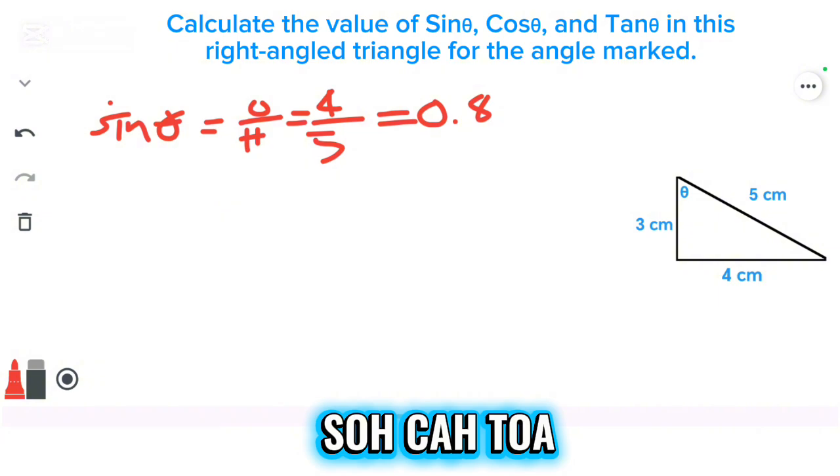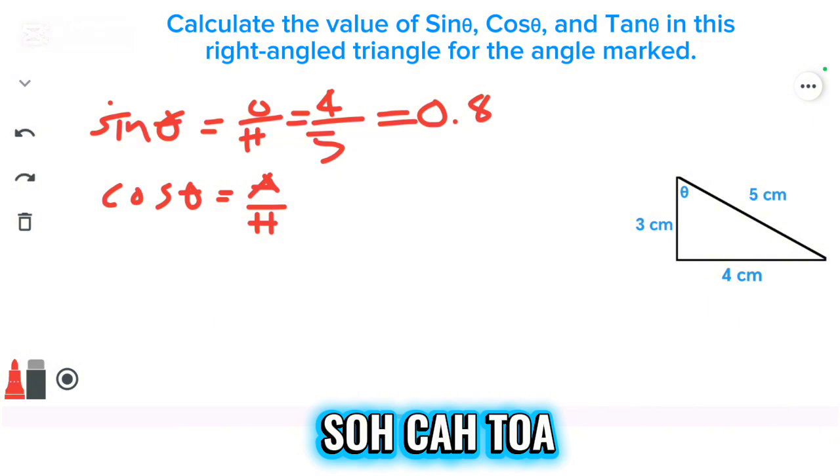Now let's move on to finding the value of cos. So we have cos theta is equal to adjacent over the hypotenuse, and again this side here is the adjacent, this side here is the opposite with respect to this given angle here.